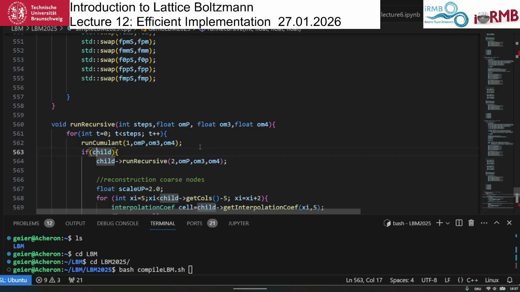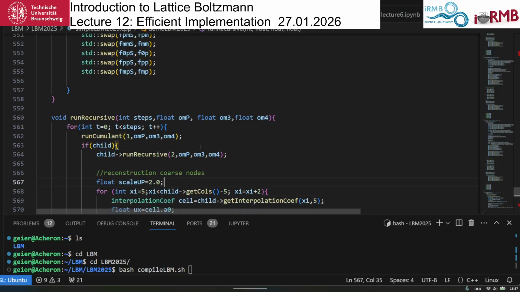If it has a child, we also run two time steps here with the child, because the time step is shorter. And now comes the thing where we stopped, where we have this coupling algorithm. There I was already starting to be confusing, and I noticed this is not going to work, so I had to stop here.